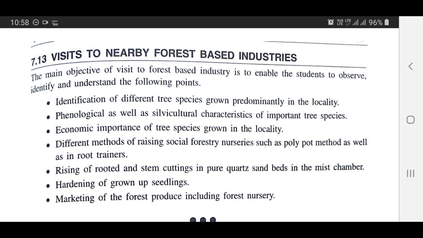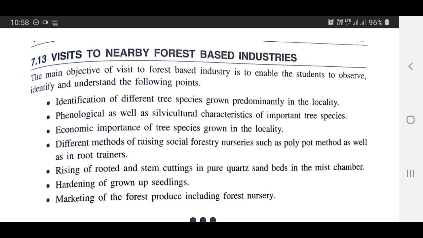Next point, hardening of grown up seedlings. As and when these seedlings develop in the protected environment, that is in the nursery, these should be hardened off. It means these raised seedlings or cuttings or rooted plantlets should be removed from the mist atmosphere or from the protected atmosphere to the open conditions for a few days.